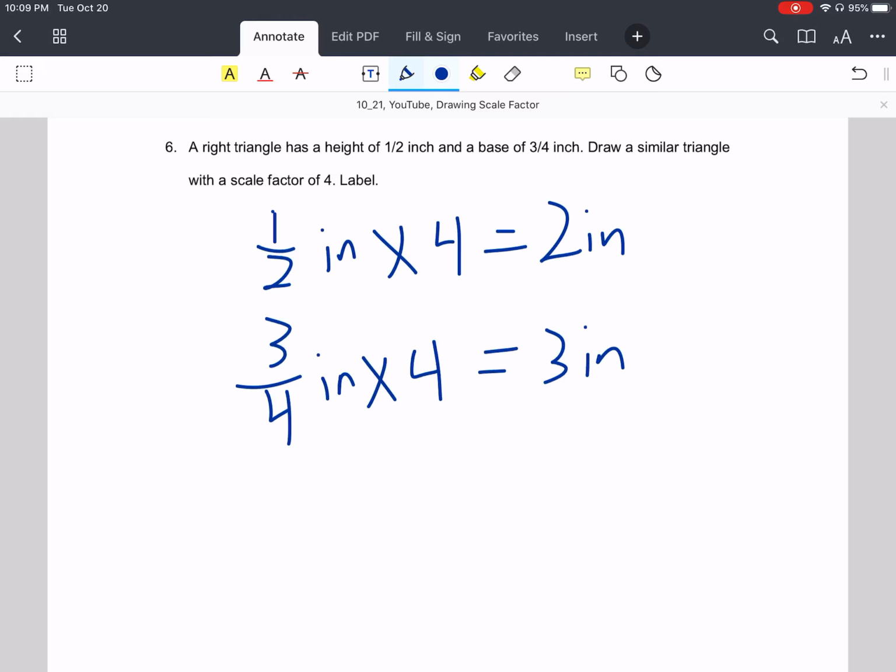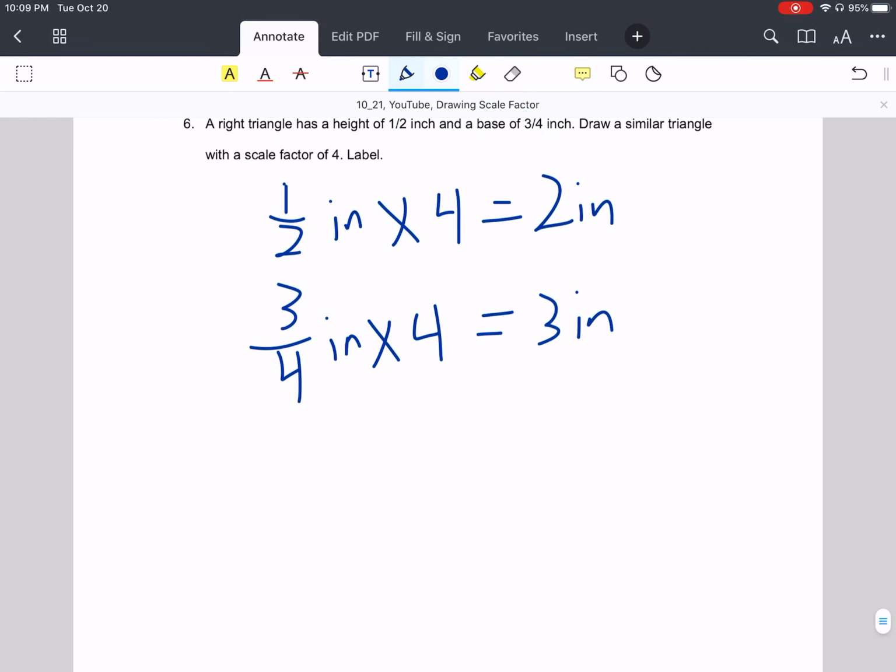So now our height is going to be 2 inches. So I'm going to draw 2 inches, and our base is going to be 3 inches. 1, 2, 3. This is a right triangle, so I'm going to label my 90-degree angle. I'm going to label 3 inches and 2 inches.